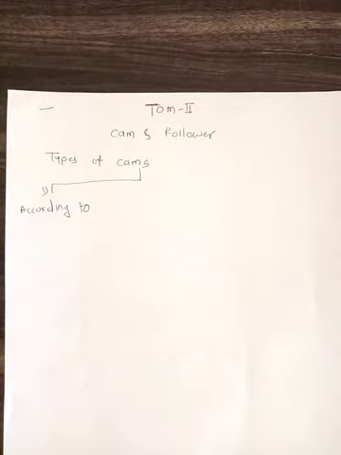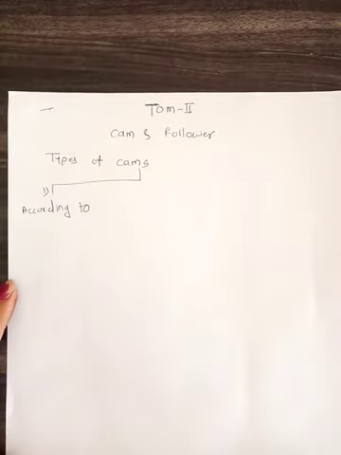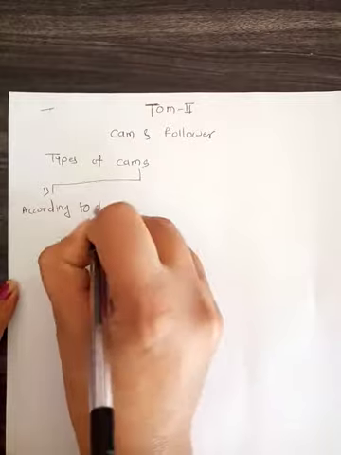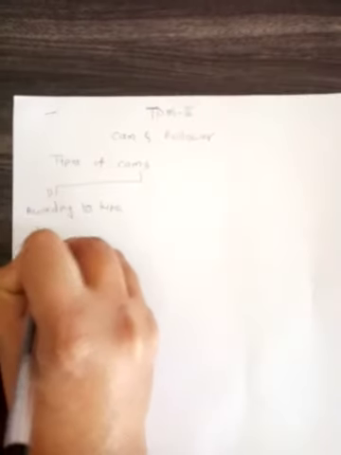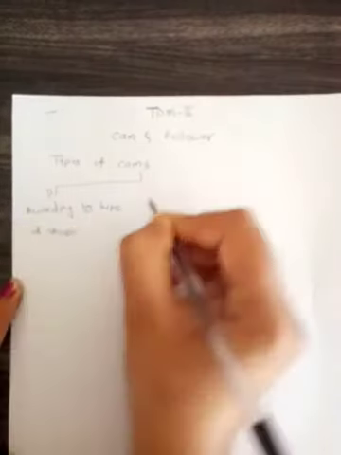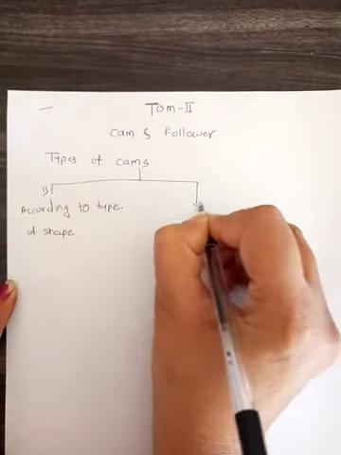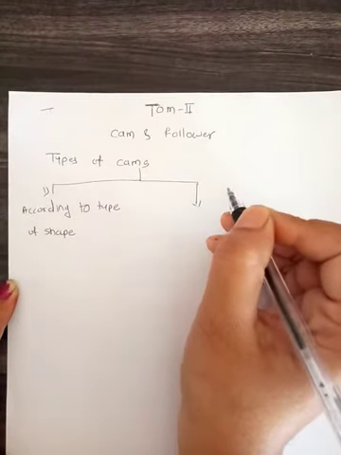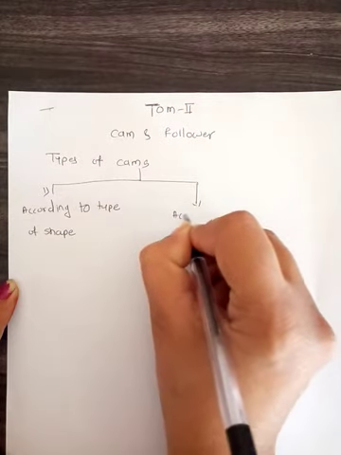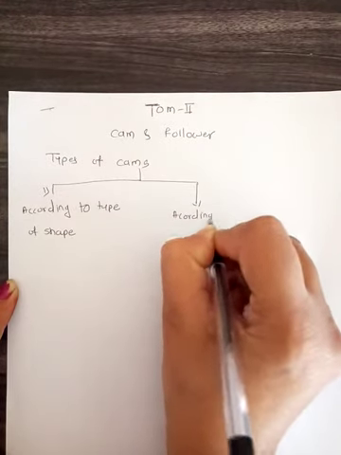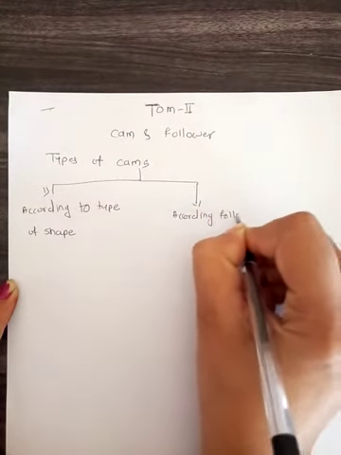There are three types of classification. First will be according to the type of shape. Second will be according to the follower movement.